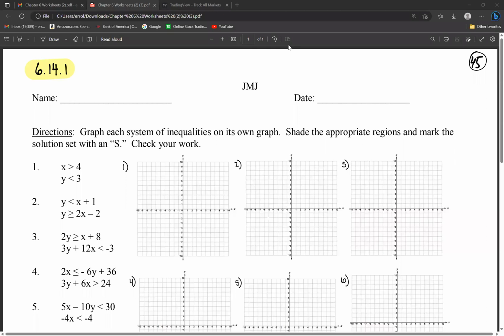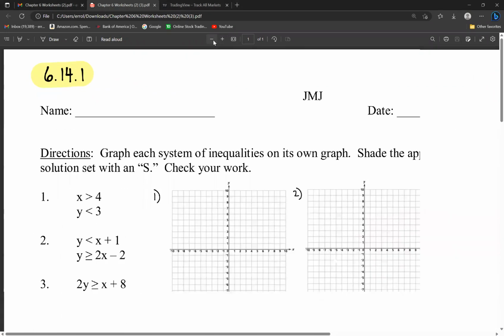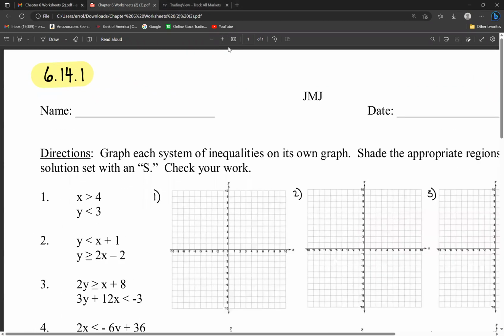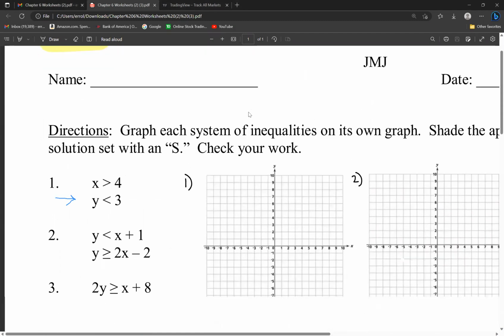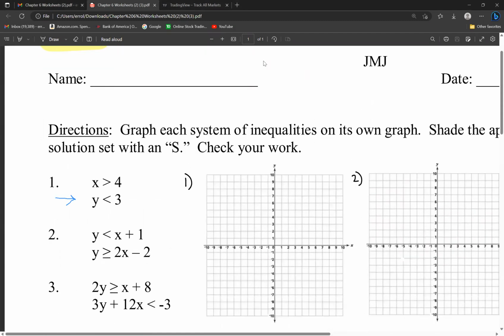Yeah. All right, so how are we going to do number one here? Okay, so it says just like the other one. So let's do this one first. X is greater than 4. What does that graph look like? Is the point 0, 4? 0, 4 would be on the y-axis.